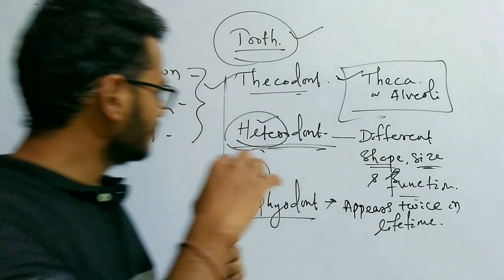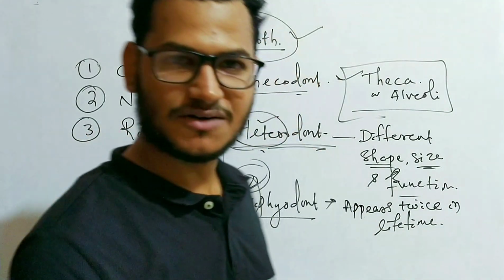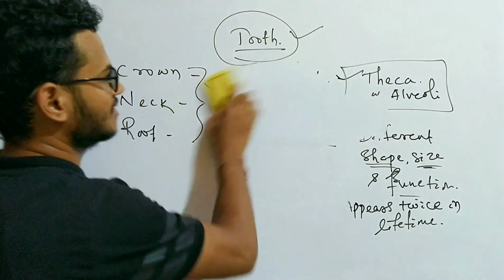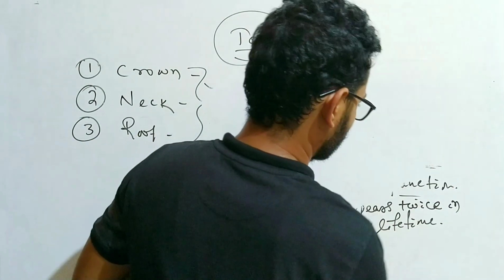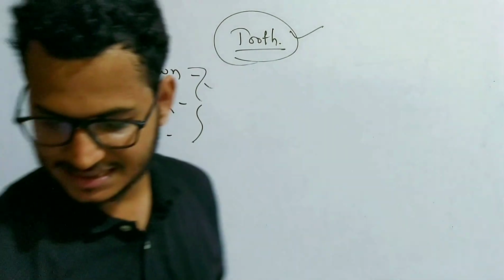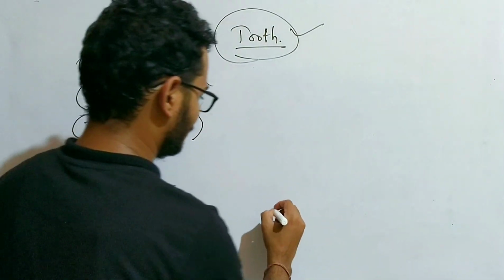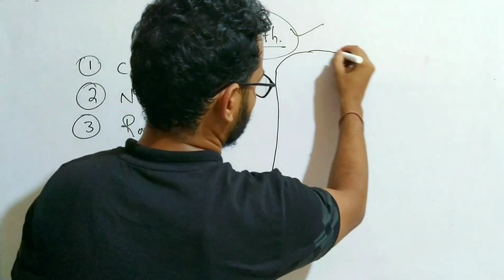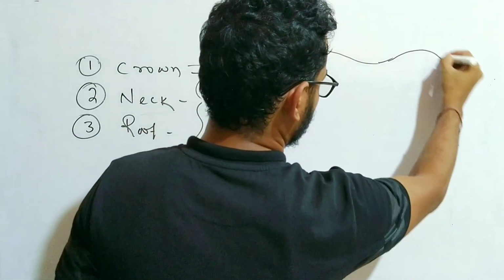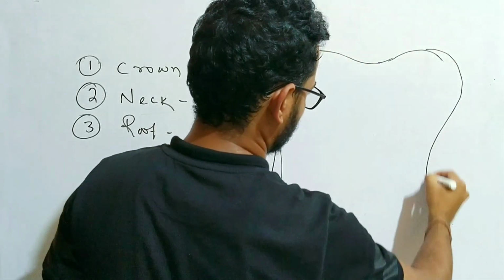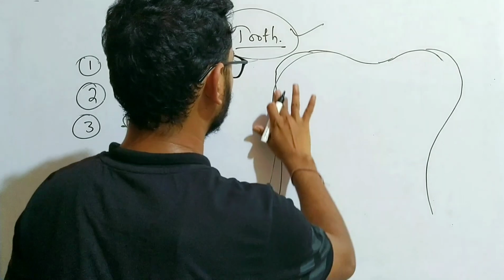Now let's go into detail about the structure of the tooth. What are its different parts? Let's see. So let me draw a diagram for you so that you can easily understand. Look at this. So this is the structure of a typical human tooth.